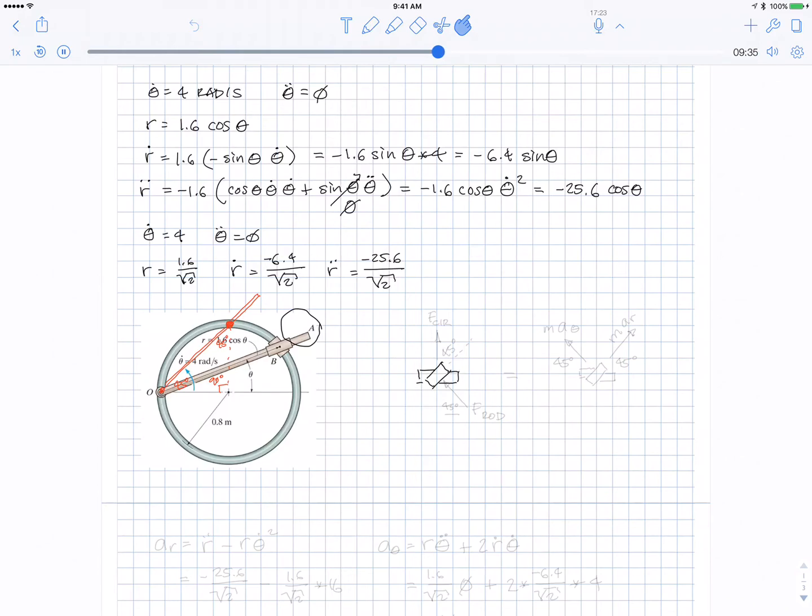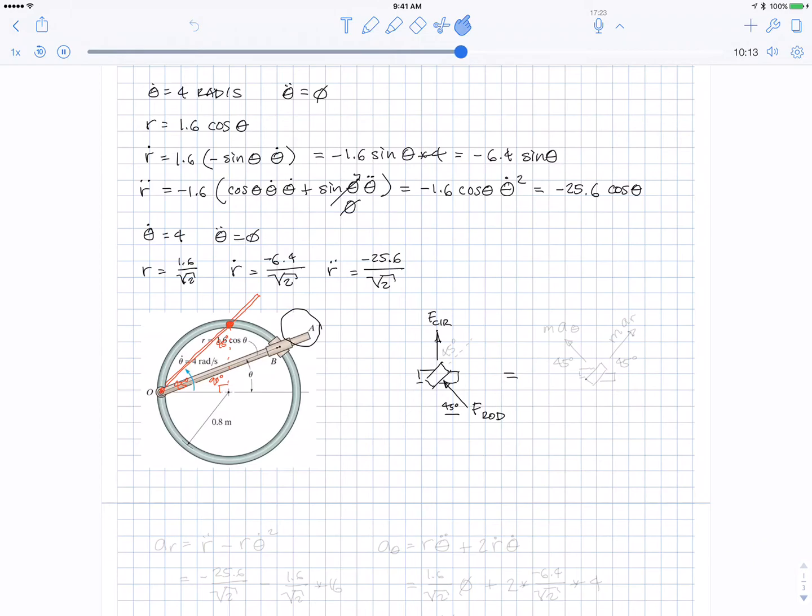So the original directions that I wrote, I had them going this way. The force of the rod is going to be 45 degrees, and then the force from the circle on the collar happens to be vertical. That's really nice.